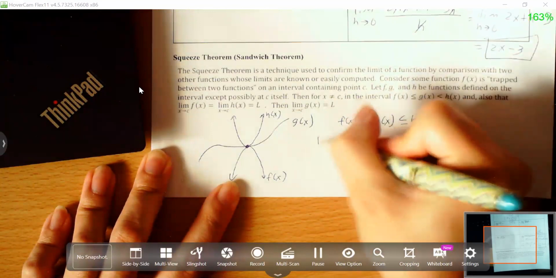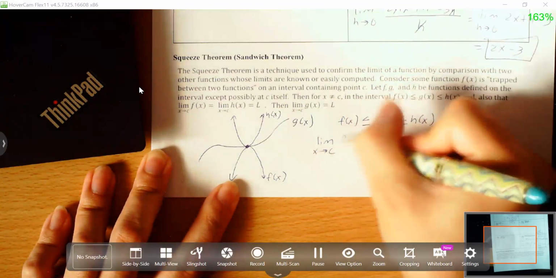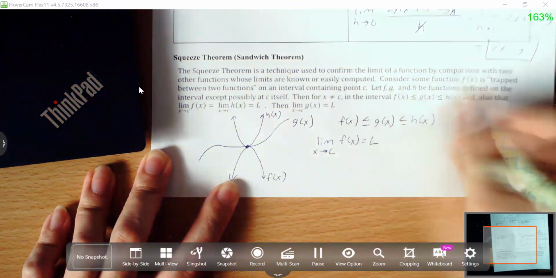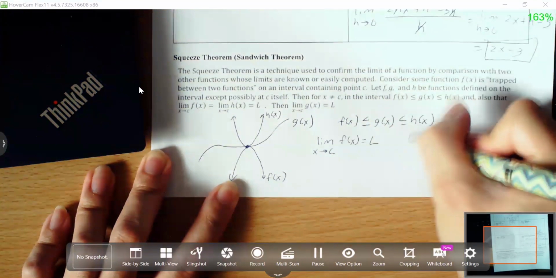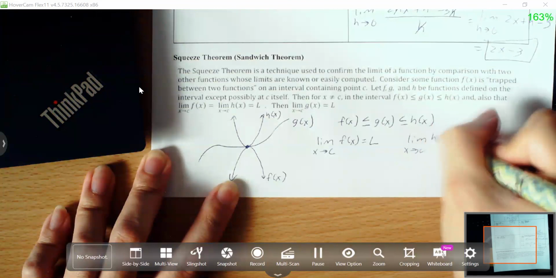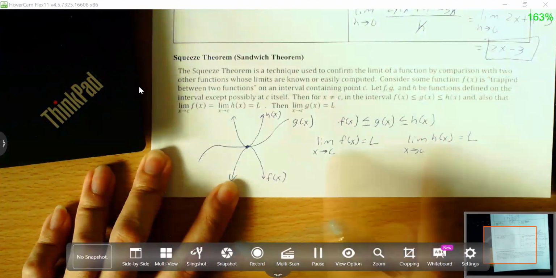So let's say the limit as x approaches c of the f function is equal to L, and the limit of the h function is equal to L, because these are the functions you know how to do.